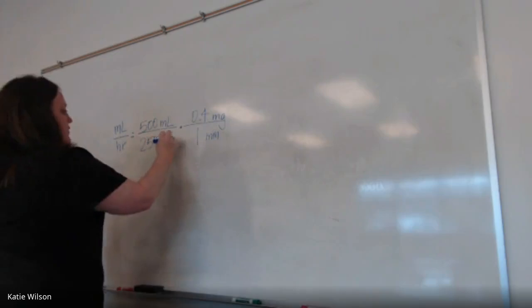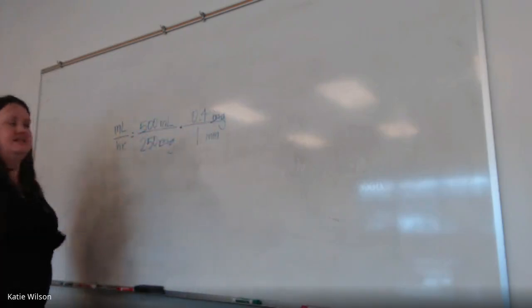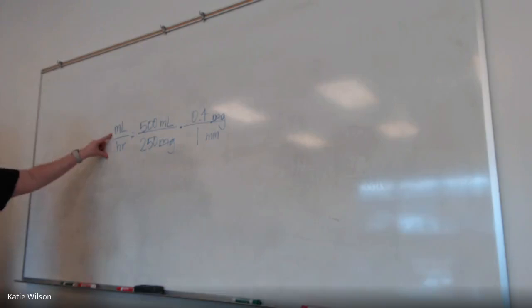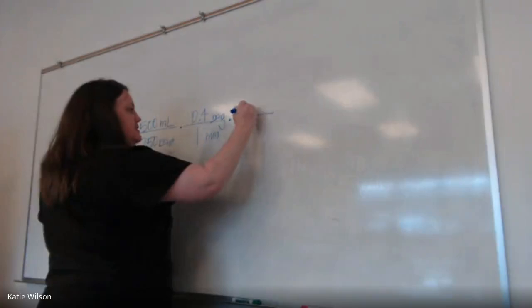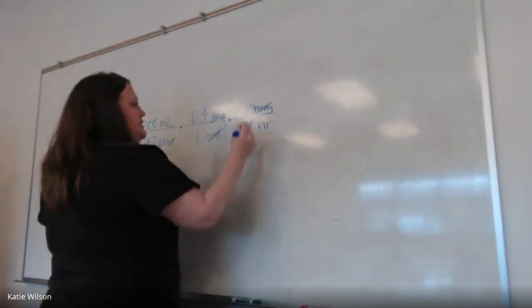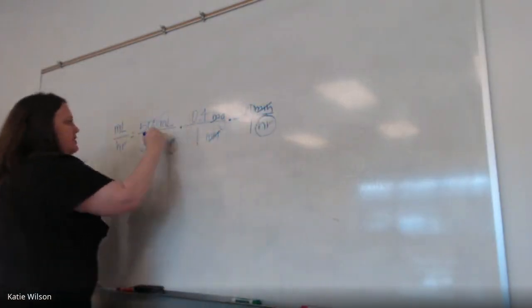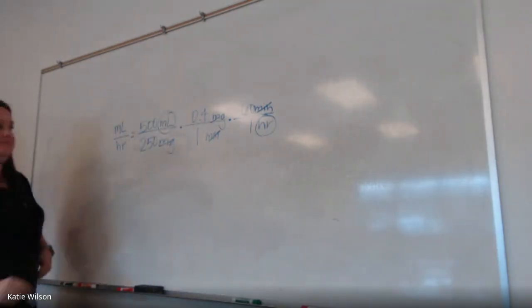Okay, I've got milligrams canceled out. I've got milliliters on top, minutes on bottom. I want milliliters on top, hours on bottom. So now what? We put that conversion, 60 minutes over 1 hour. Now I've got minutes canceled, hours on bottom, mils on top. So my problem is set up correctly.